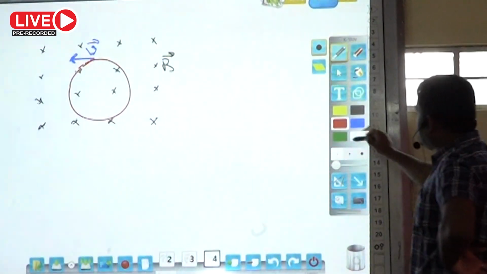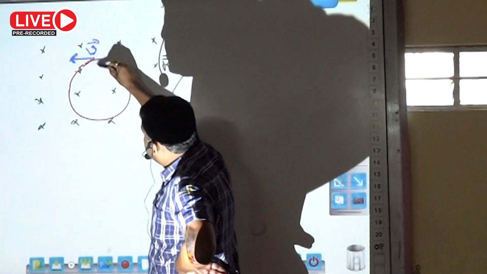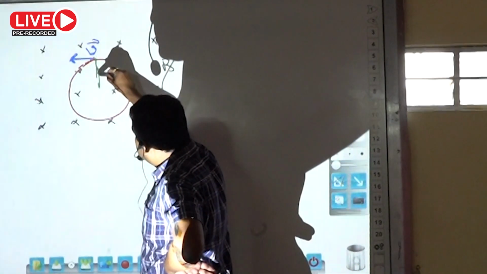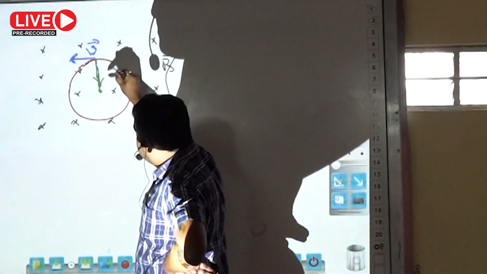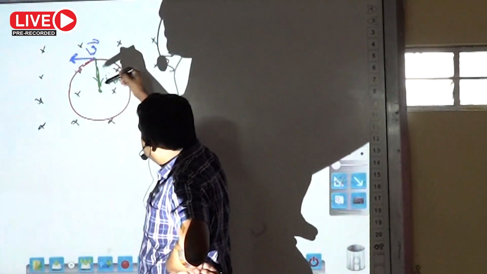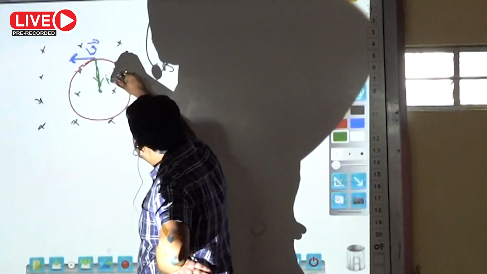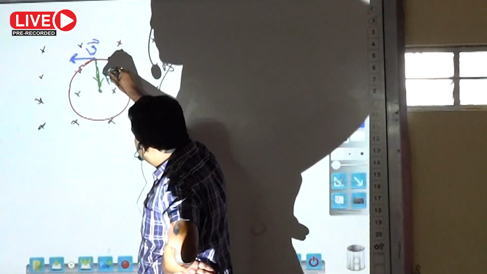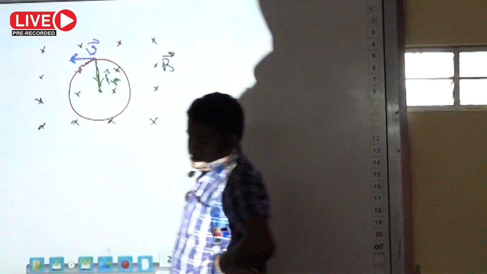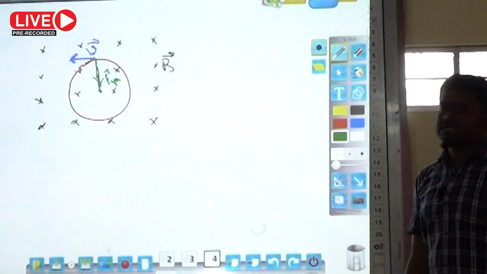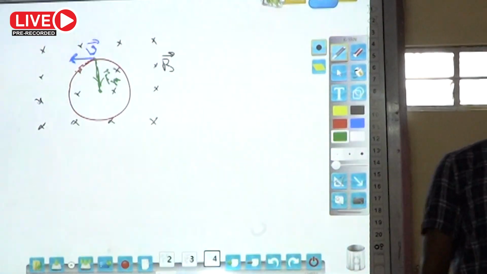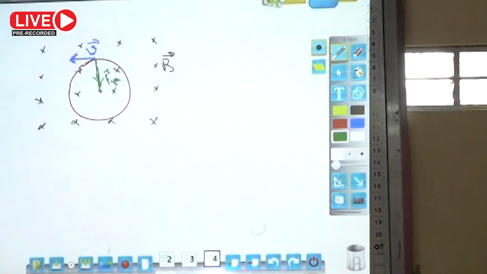The magnetic force here is directed along this, Fm. Fm is directed towards the center of this circle, radially inward, meaning it provides the centripetal force.